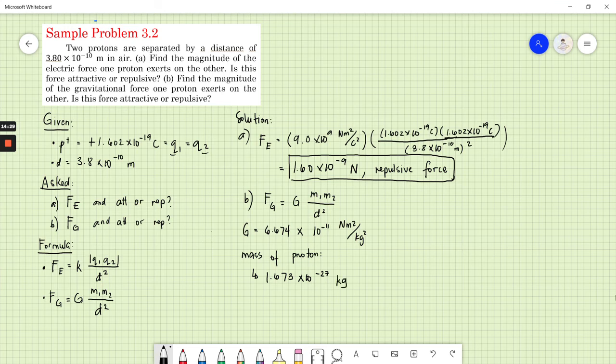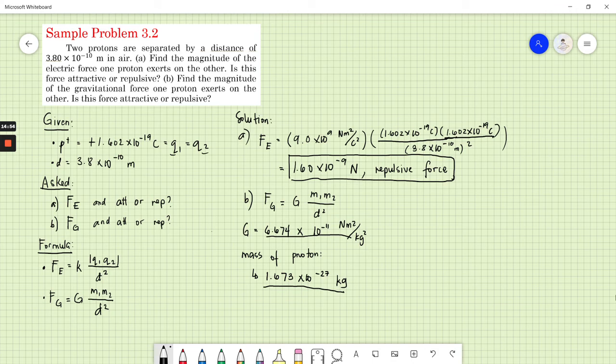Okay, so I just want you guys to remember these two values, especially for electrons and protons. So the mass of proton is 1.673 times 10 raised to negative 27 kilogram, and the value of G is 6.674 times 10 raised to negative 11 Newton meter squared per kilogram squared.